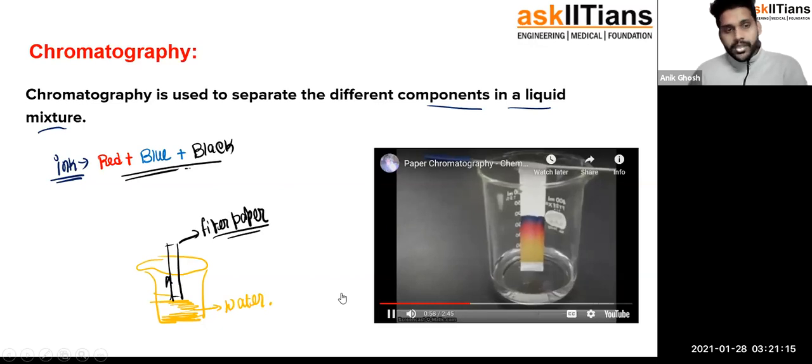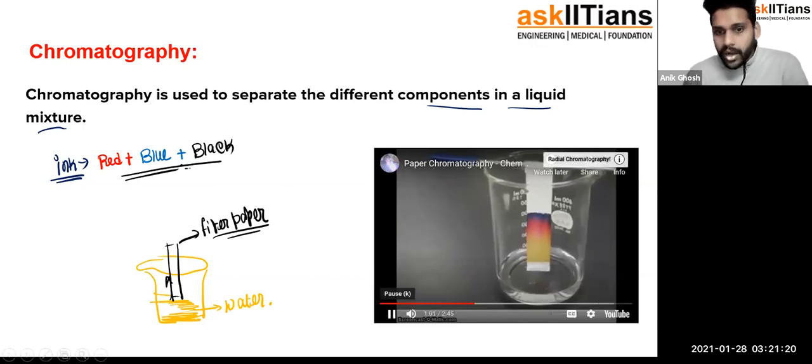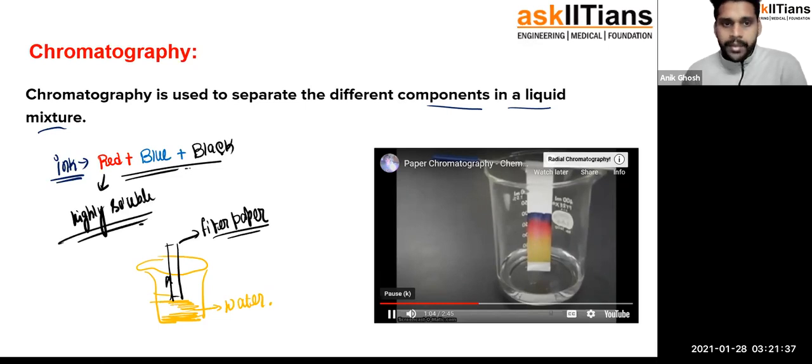What happens is, these pigments have different solubility in water. Let's say red is highly soluble, and blue is less soluble, and black is even less soluble in water.